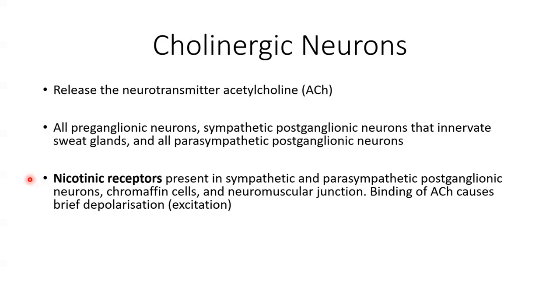Nicotinic receptors are named nicotinic because nicotine, the chemical, mimics the action of acetylcholine binding to these receptors. When acetylcholine binds to a nicotinic receptor, it causes brief depolarization or brief excitation of that postsynaptic cell, so it's likely to pass on that action potential.